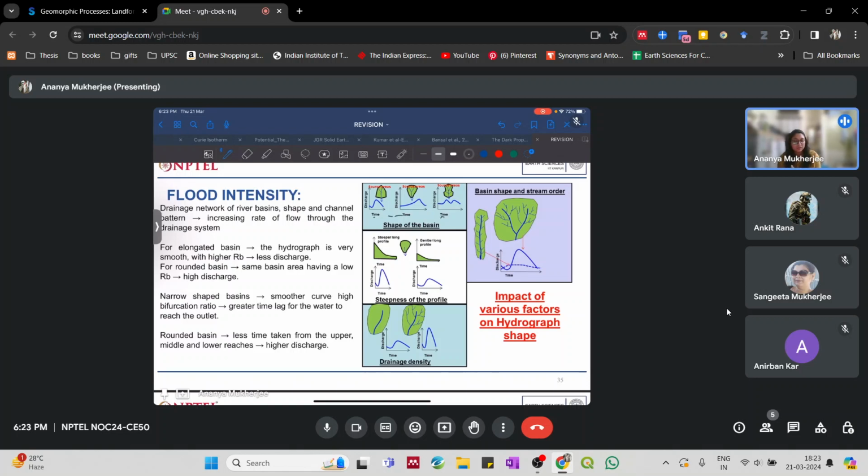This is the lag time, from normal discharge point to peak discharge. The lag time can help you understand after how long the peak discharge will happen in the river, and whether the river itself can hold that discharge or not.